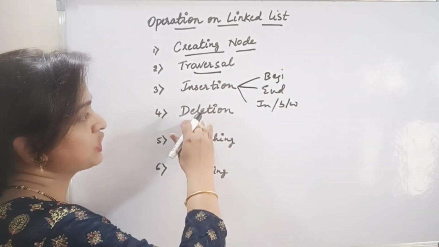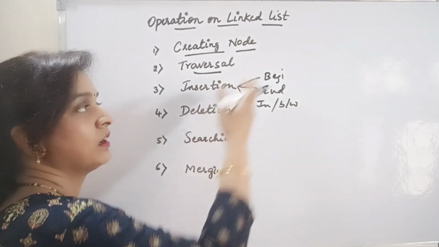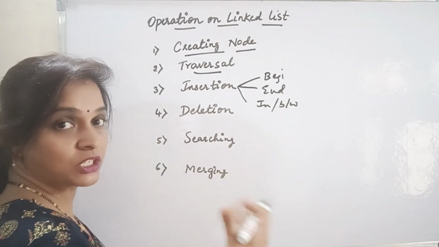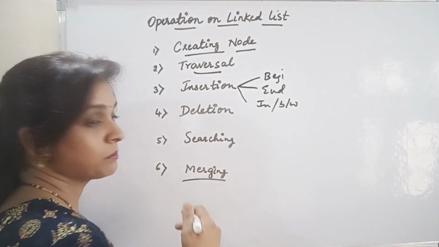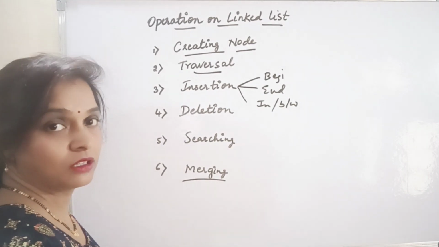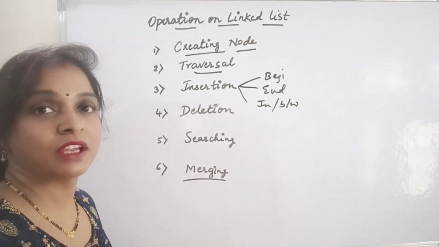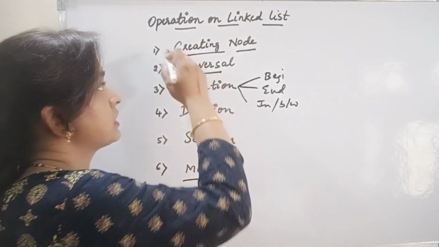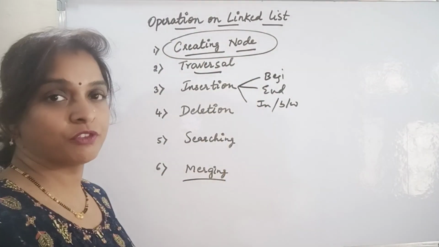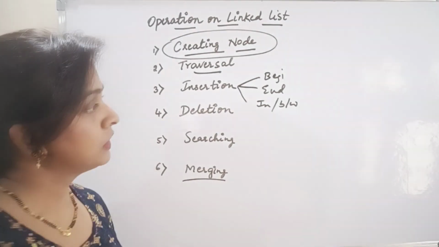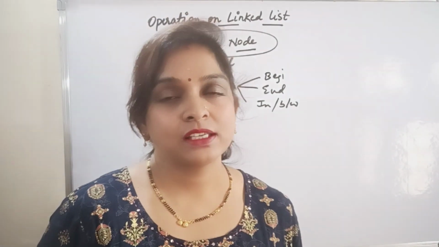In the same way, deletion means deleting an existing node: the beginning node, the ending node, or an in-between node. Searching means searching for a particular node. Merging means combining different linked list nodes. So these are the operations that we can perform on a linked list. We will be discussing creation of a node, which is the most major operation in a linked list, in the next video. I hope you have understood all these topics.